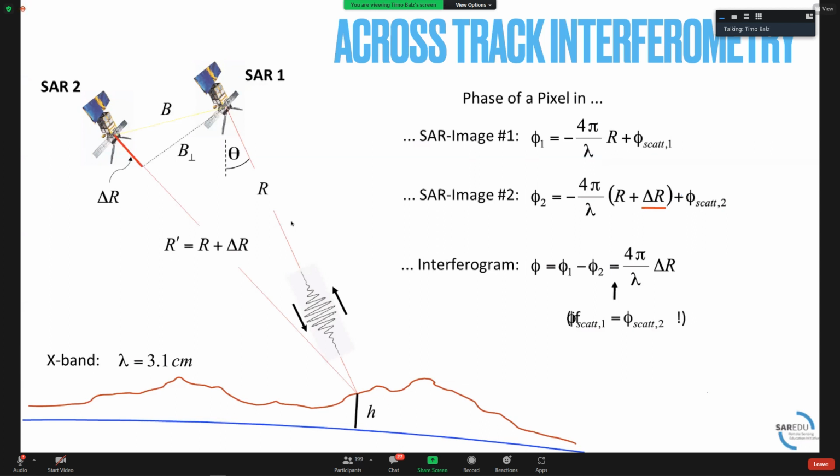We're looking only at the differences in the phases, and they are a function of the wavelengths and not of the pixel size. That is the secret behind it, if you want. So with interferometry, the precision that we can achieve does not depend on the pixel size, but only on the wavelengths.